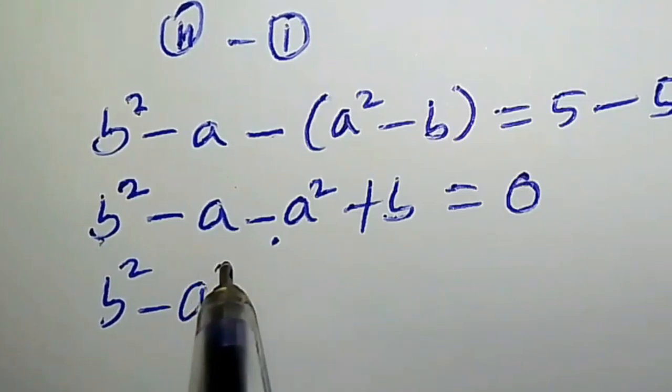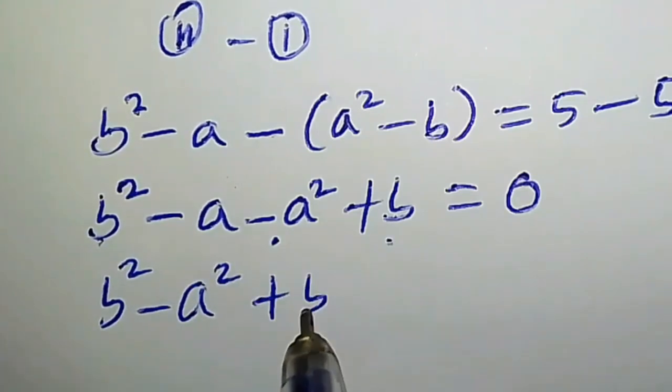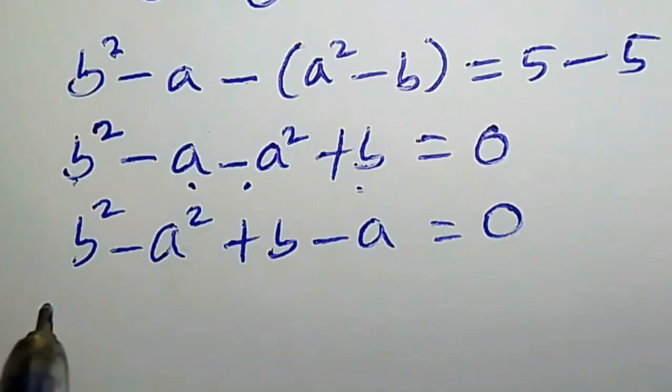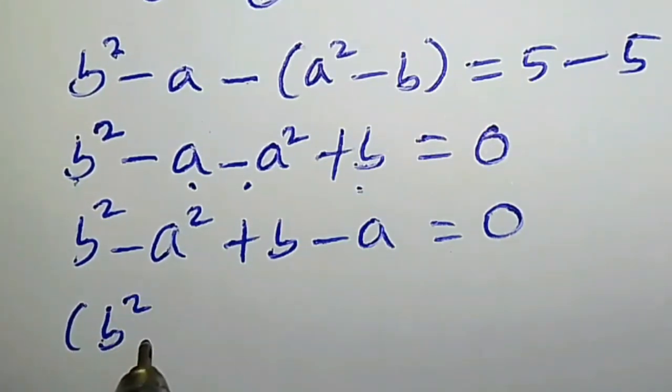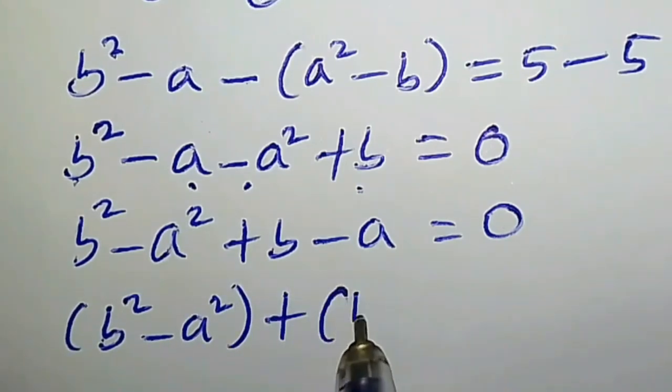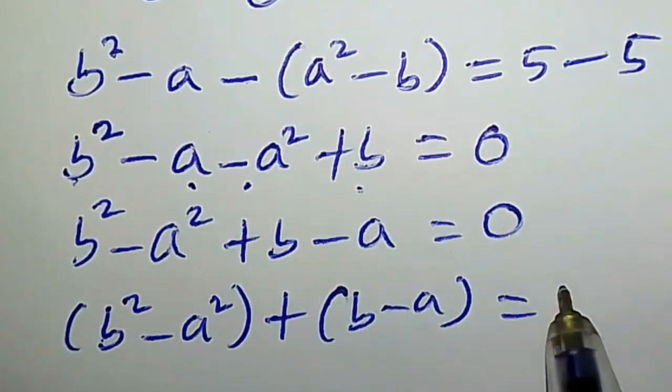So −a² + b − a = 0. We can also separate these. It is possible. So we have (b² − a²) + (b − a) = 0.